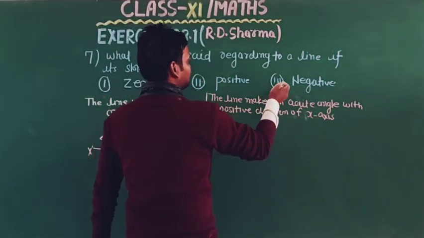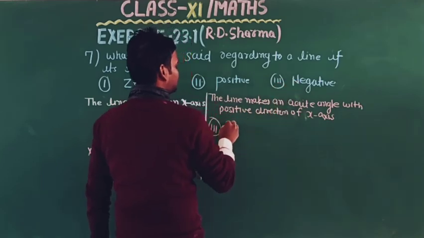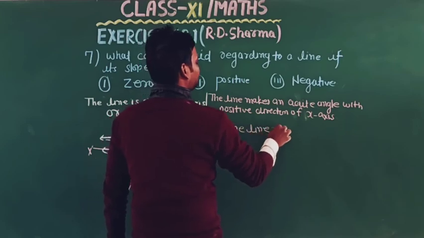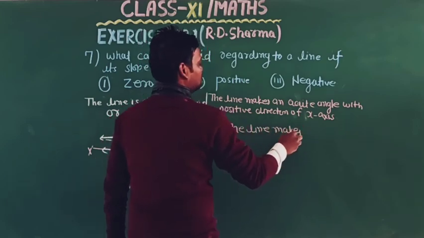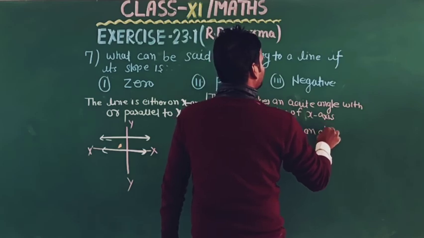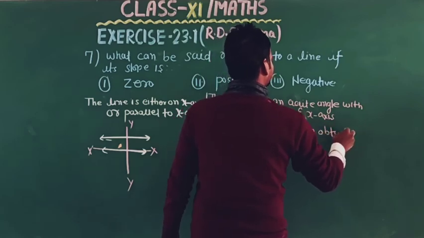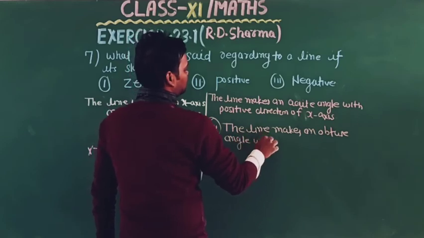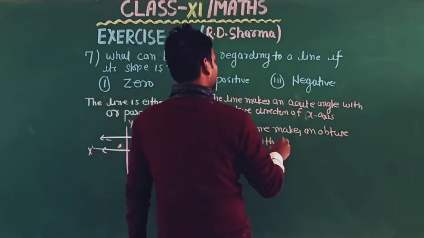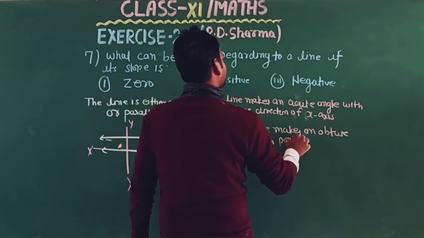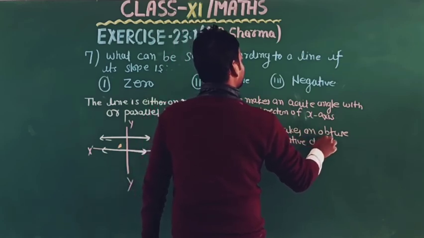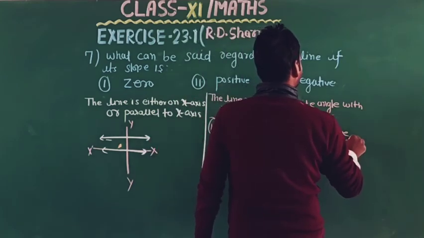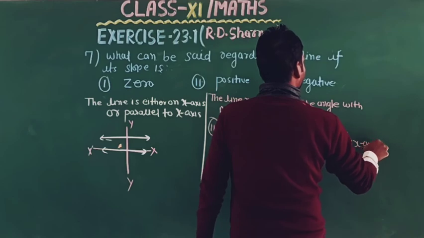So if the slope is negative, that means the line makes an obtuse angle with the positive direction of the x-axis.